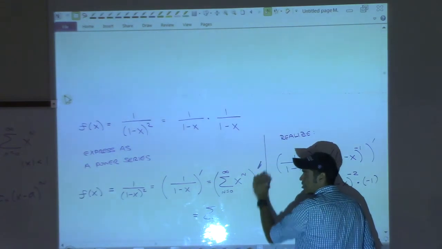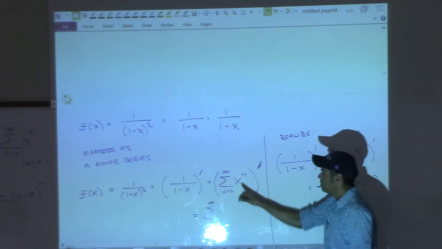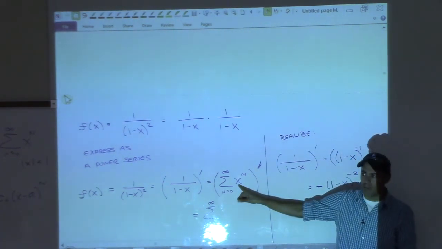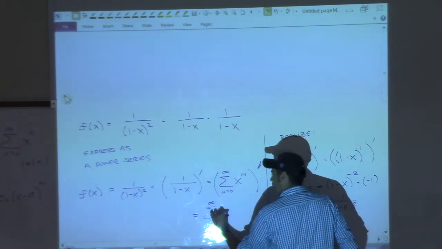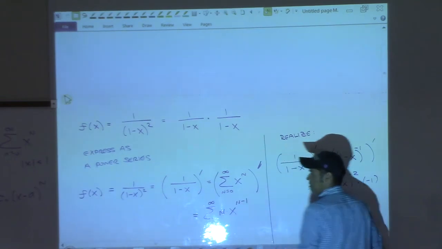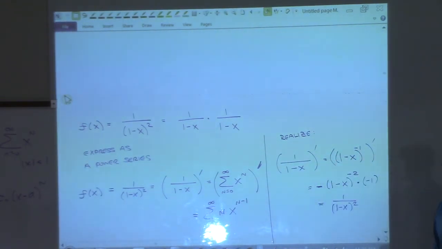Look, we are differentiating this power series, from n equals 1 to infinity. And then now what we do is we just use our good old-fashioned power rule on this expression. So n times x to the n minus 1. Y'all see that?